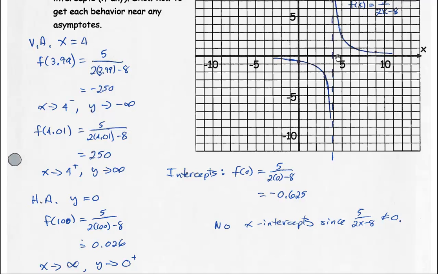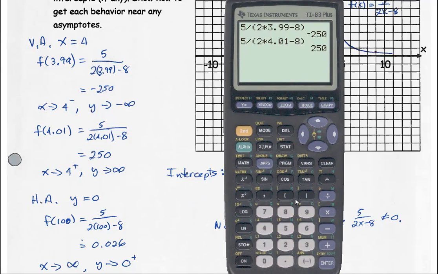So again, take a large number for a large positive and a large negative. So I put 100 in place of x. And I guess I could show these as well. So I'm going to put 100 in here. And so notice that that works out to be a positive value.